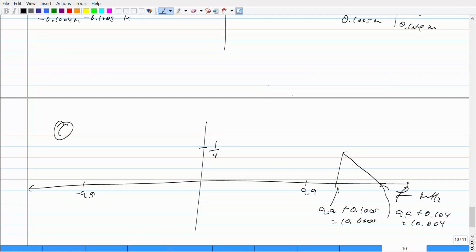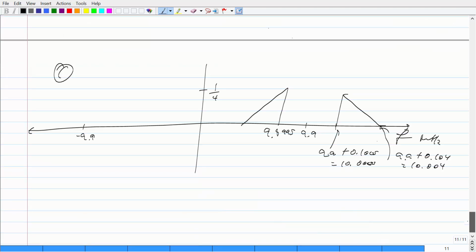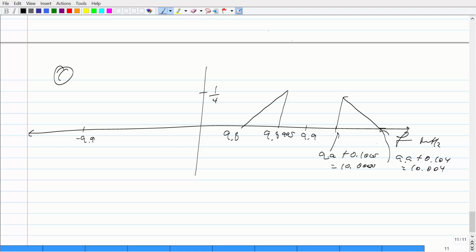So you have this guy, and then you also have another copy over here, and then you just subtract. So 9.9 minus 0.005 gives 9.8995, and 9.9 minus 0.004 gives 9.896.